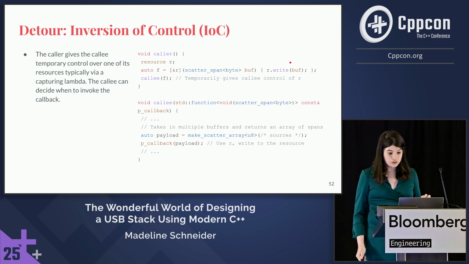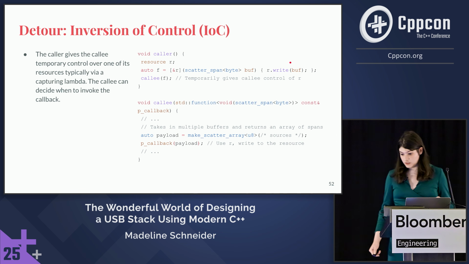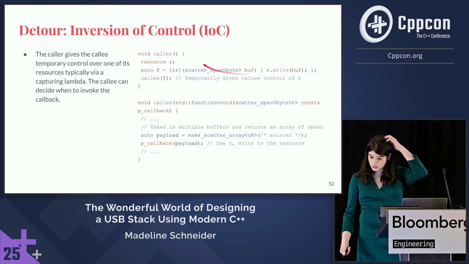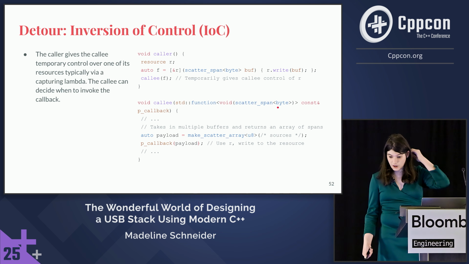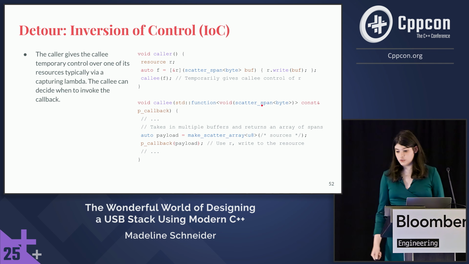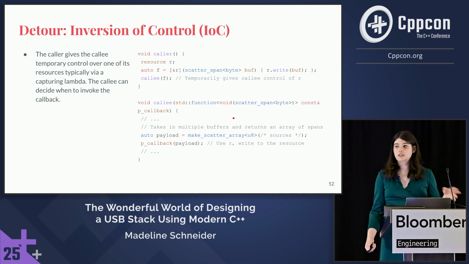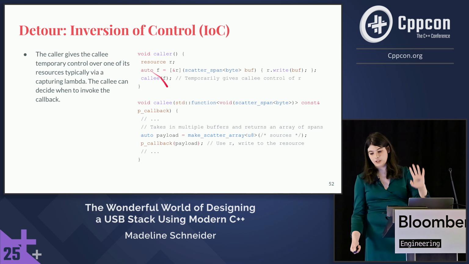So what we can actually do is we can allow callee to take a function that takes a parameter of the scatter span that it would like to write. Sorry, I meant to say take a function, and then now I'm talking about lambdas.